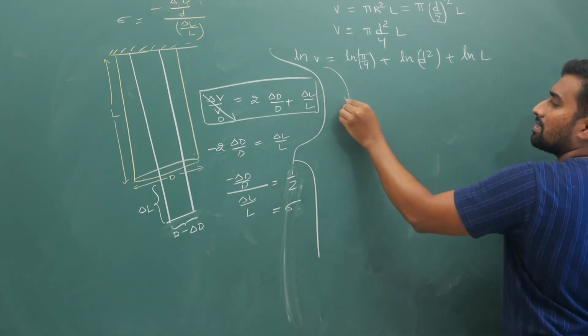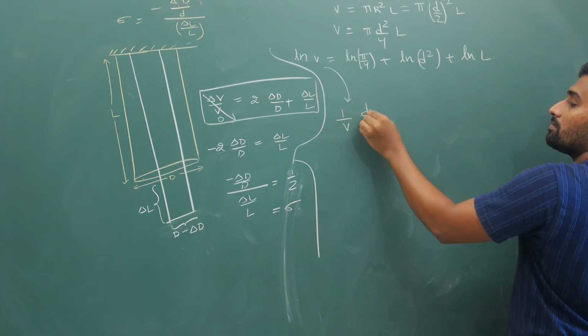The other method is the derivative of ln V, which is 1 by V into dV.